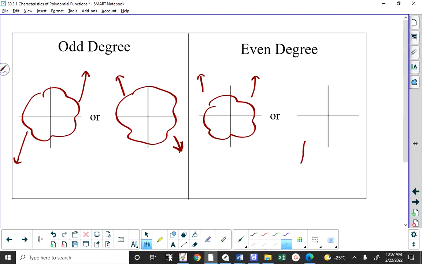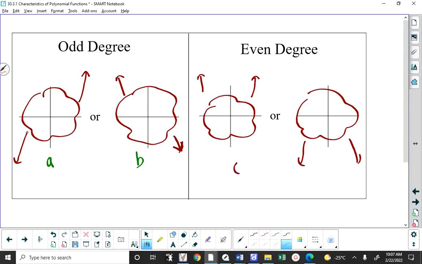An even degree could also have that. Now, looking up here, I'm just going to label these. How can you tell whether it's A or B? How can you tell whether the graph will look like this or like this?